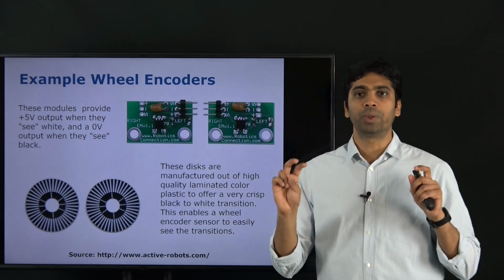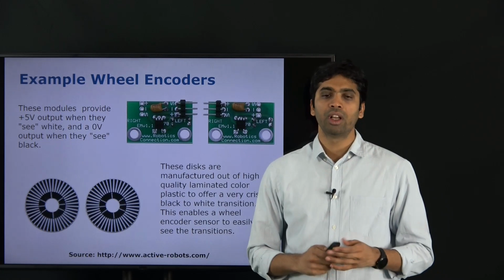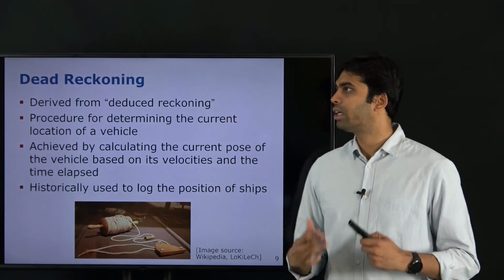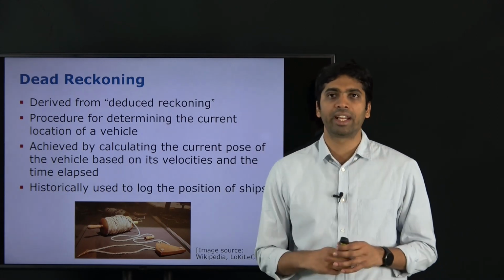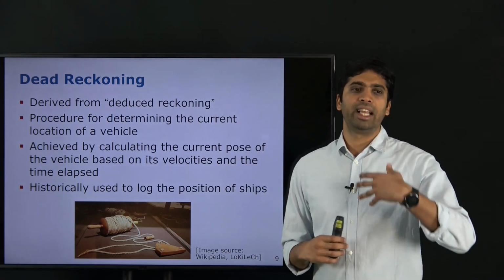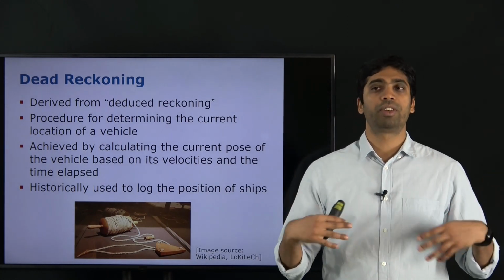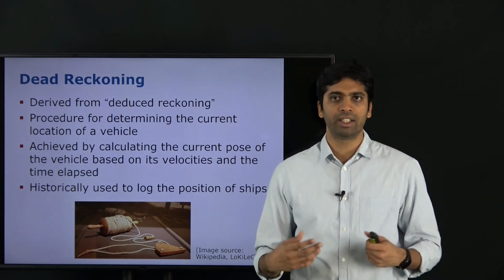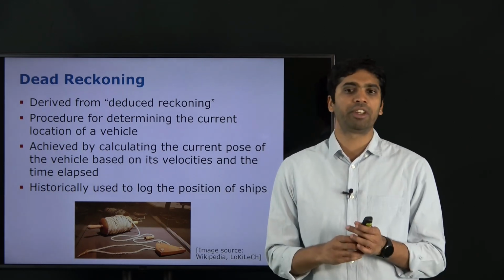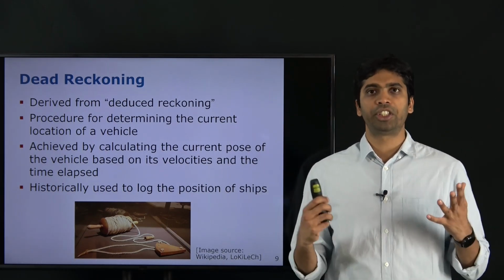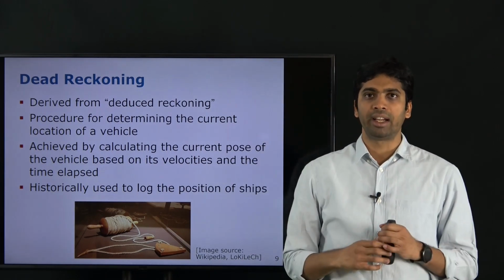So when we talk about odometry models, usually the robots are equipped with some kind of encoders which give us an internal state of how the motors are moving. On the other hand, when we talk about the velocity based model, or what is called dead reckoning, what we do there is in a way a prediction. We know how our platform moves when a certain control command is given, and we just use the equations that we developed, for example for the differential drive or Ackermann drive, and then we figure out where the robot would end up.